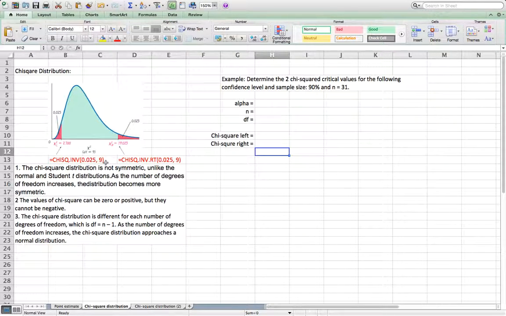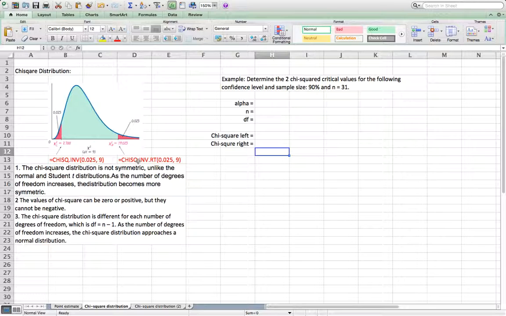So we normally need to calculate the chi-square value such that its right tail equals a given probability or significance level, or its left tail equals some probability or significance level. In this case, we will use this formula to calculate the right tail chi-square value.